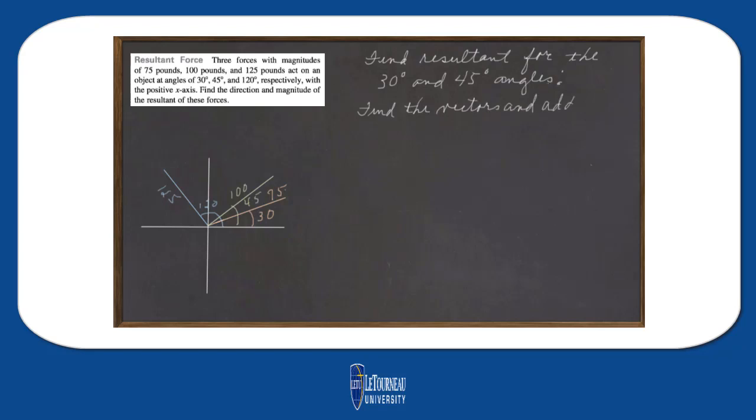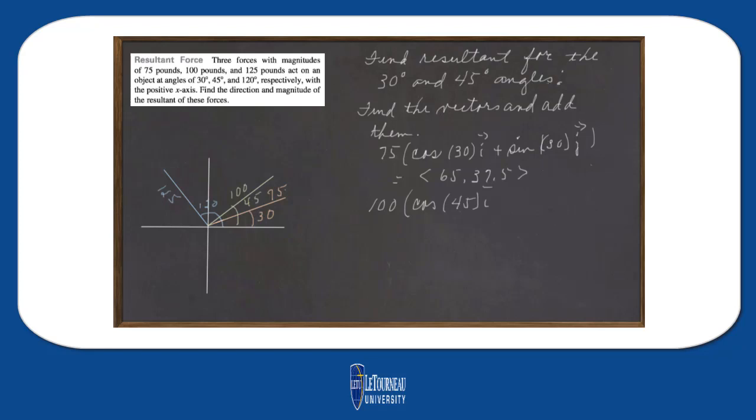So we need to find the vectors and add them. How do we find the vectors and add them? Well, this is where changing it into terms of sines and cosines will really help us.